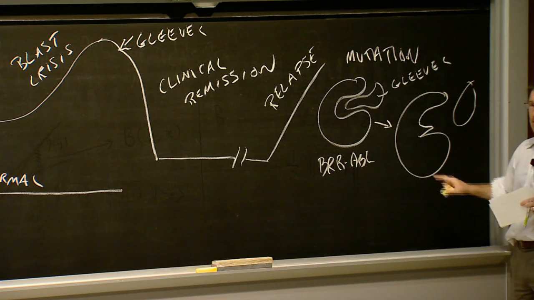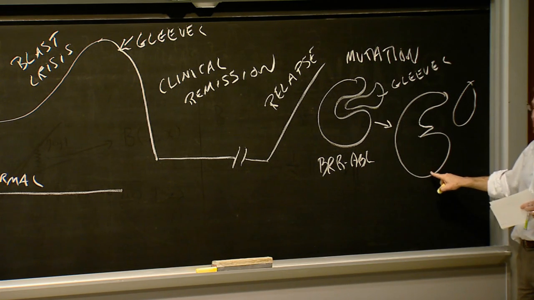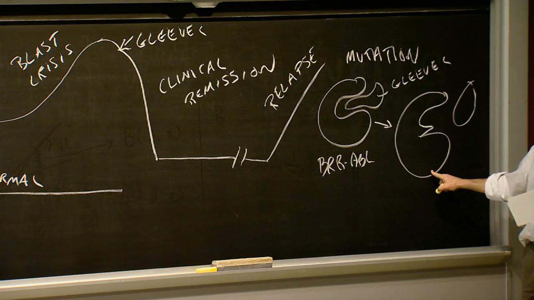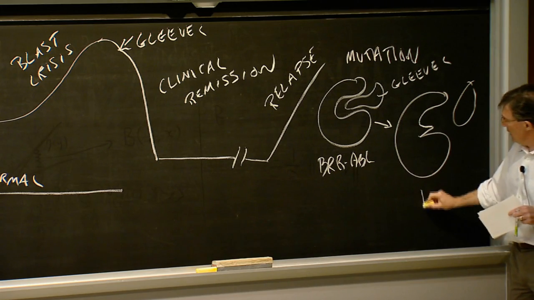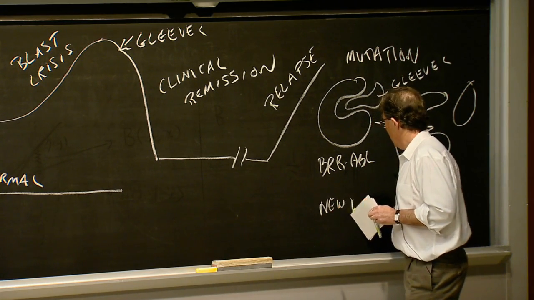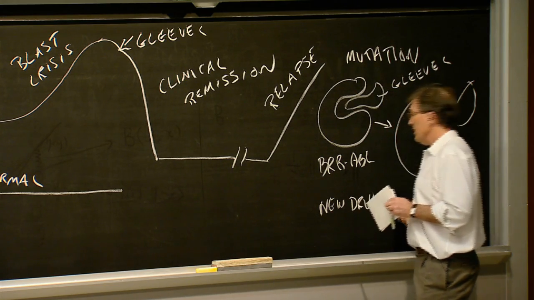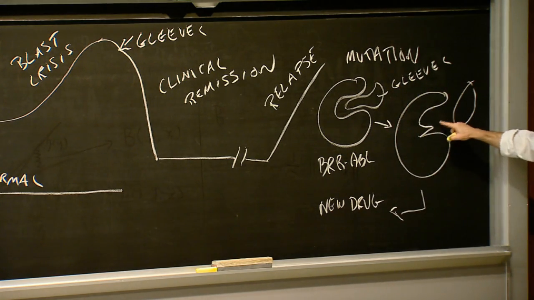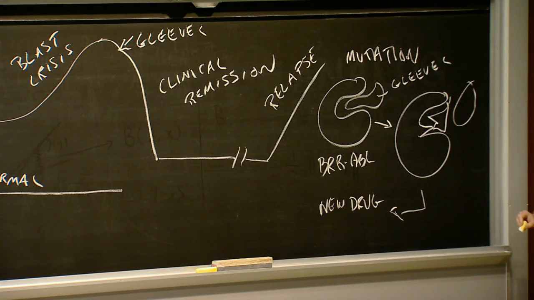And this is still an active kinase, so now the cells begin to divide again. So the question now is, what can you do about it? And the answer is, you can make a new drug. And this has actually been done successfully. A new drug that can bind specifically to the mutant form of ABL kinase.